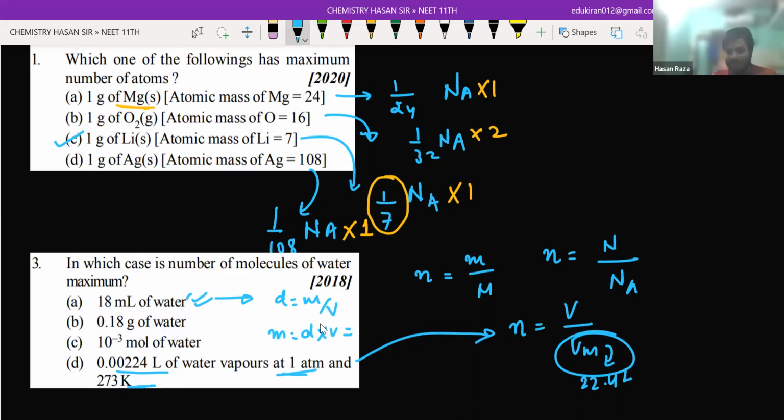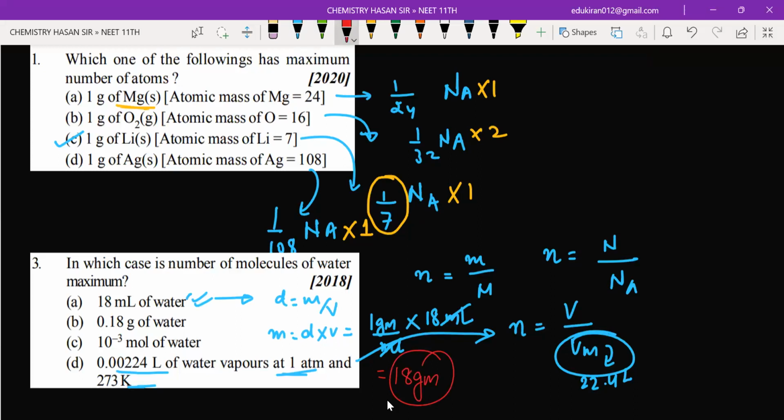And you know the density of water is 1 gram per ml, or 1 kg per liter. So 1 gram per ml into 18 ml, ml and ml will cancel and you will get the mass as 18 gram. Are you getting my point?